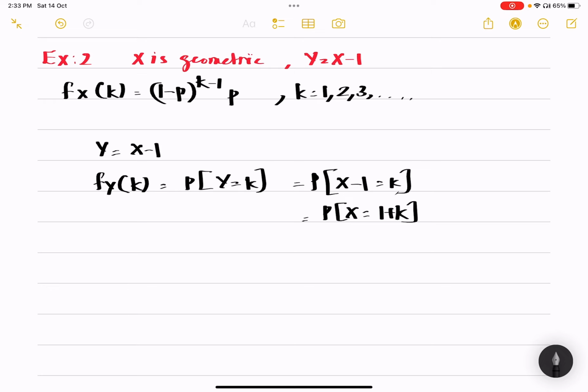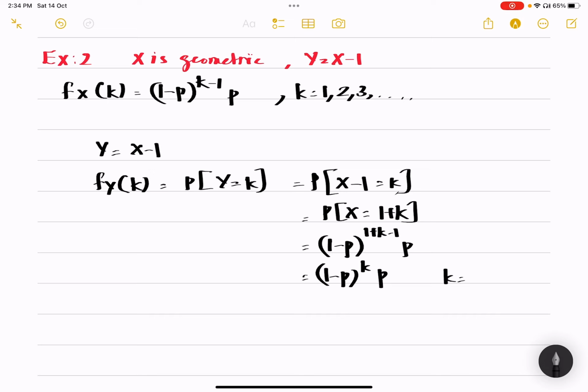So in this geometric distribution, fX of 1 plus k will be (1 minus p) raised to 1 plus k minus 1, times p, that is (1 minus p) to the k, times p.